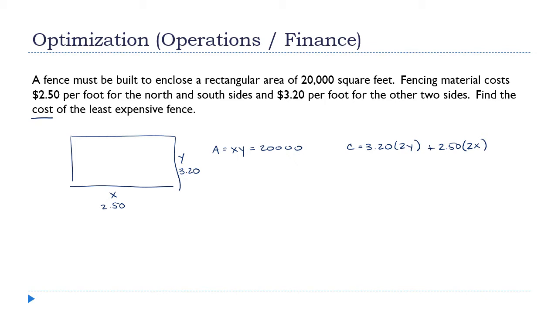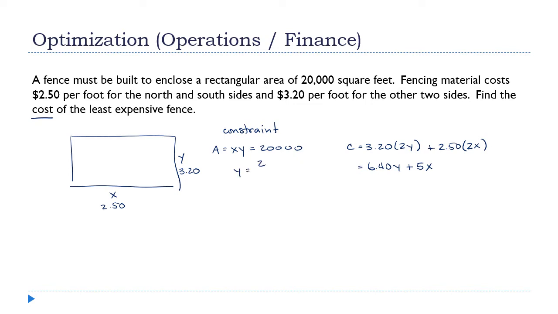All right, so let me clean this up a little then. This is 640y plus 500x. And now I'm going to do what I did in the last ones, right? This is my constraint. And I'm going to use this to eliminate one of the variables in the other equation. Right? So let's solve this for y. It doesn't matter, you can do either one.